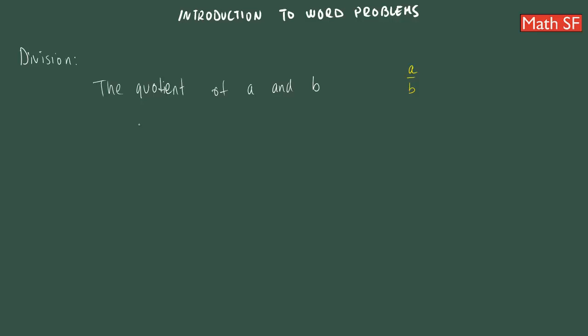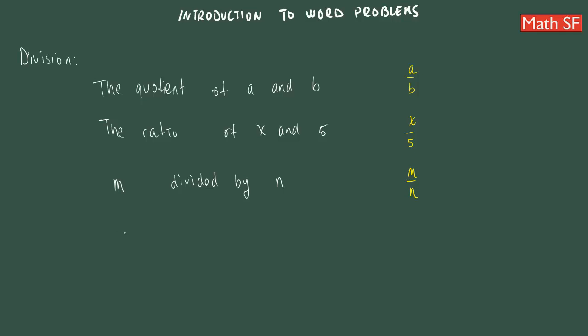Another word that you will have is the ratio of, let's say the ratio of x and 5. You will have x over 5, or you can also have m divided by n, which will be m over n.